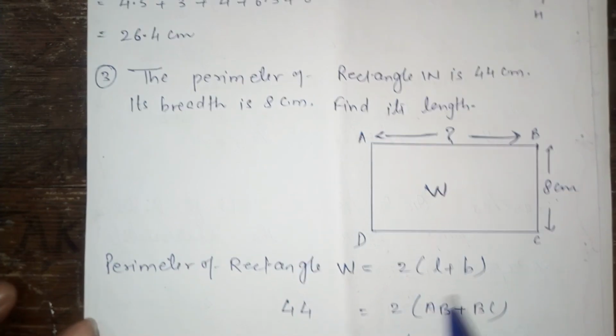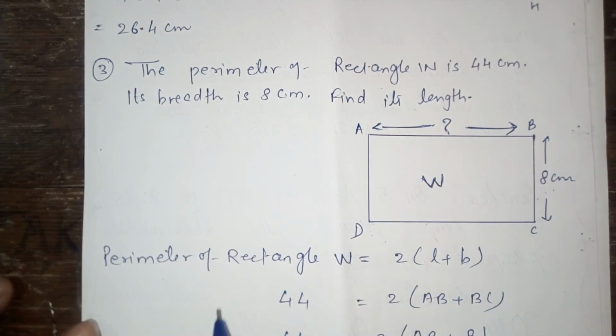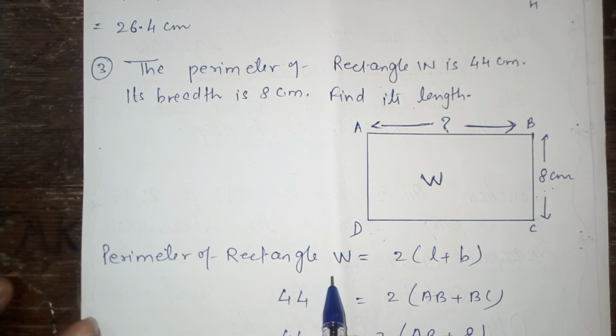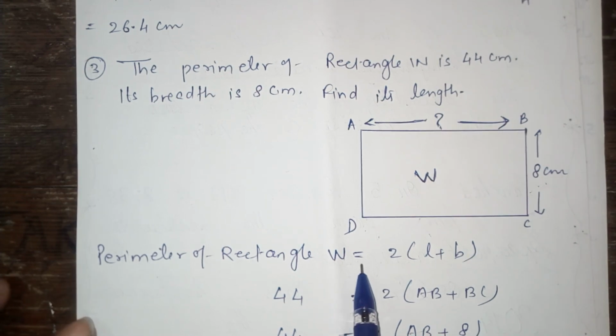What will you do for finding length? Perimeter of rectangle is equal to 2 into (L plus B).